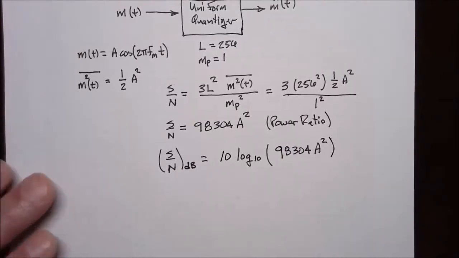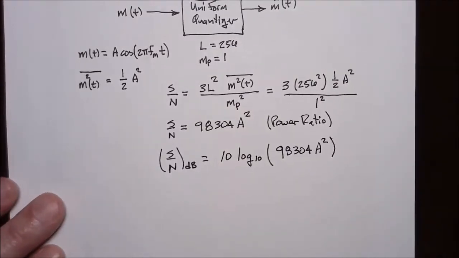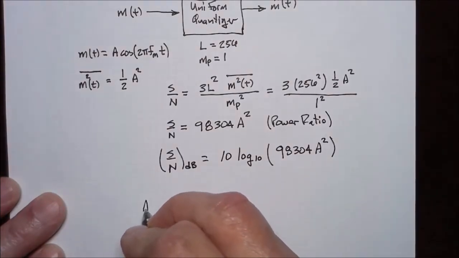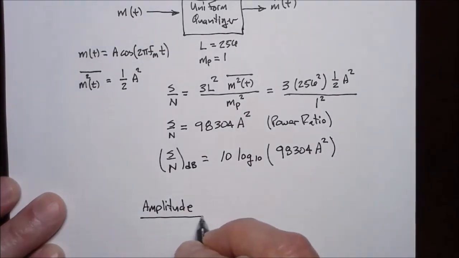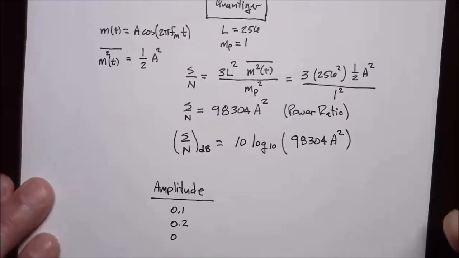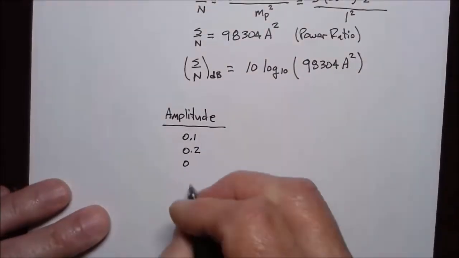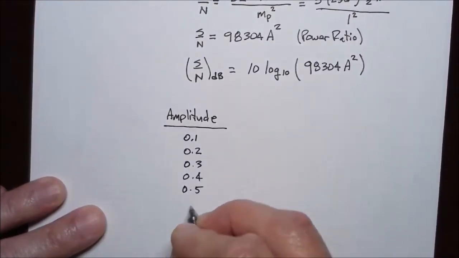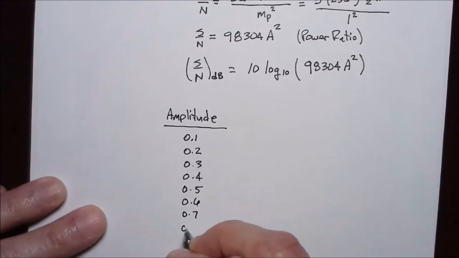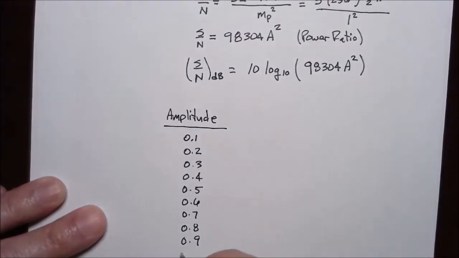Now we can make a chart where we have the amplitude in the first column. Make it range from 0.1 smallest value, then it can range upward to 0.7, 0.8, 0.9, 1.0.